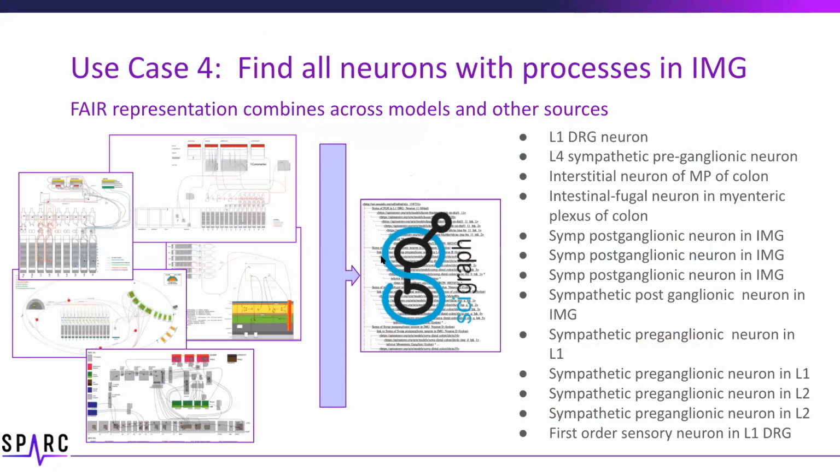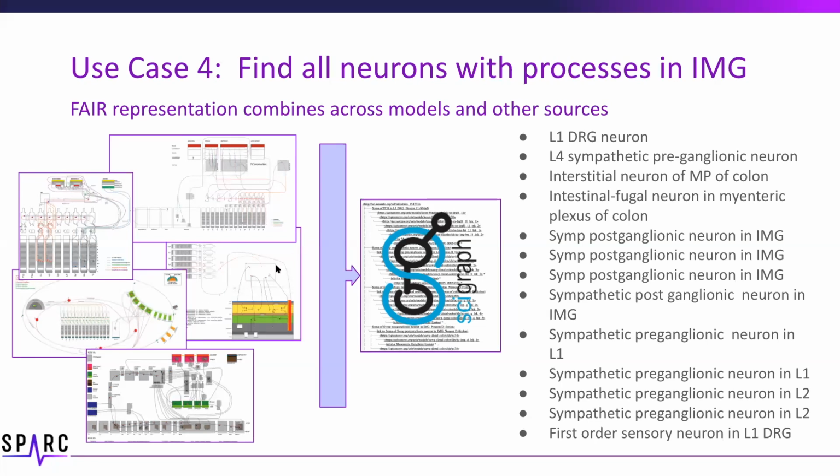So the last use case is find all neurons with processes in a given structure. In this case, it's the inferior mesenteric ganglion. And this really relies on the fact that even though these models were all produced independently by different experts, they are all mapped to common reference ontologies.